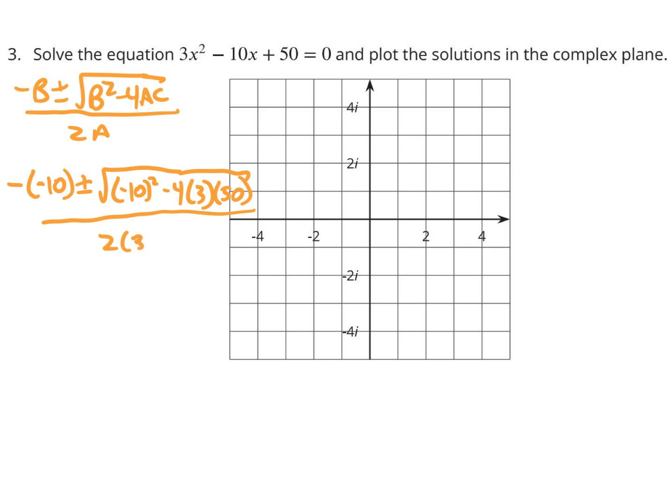I should have taken the time to identify my a. My b is negative 10, remember, and my c is 50.